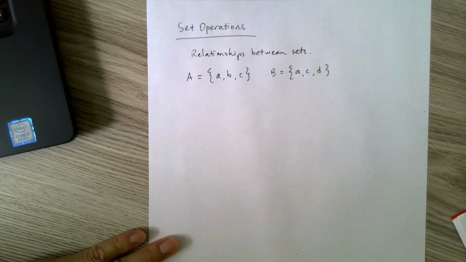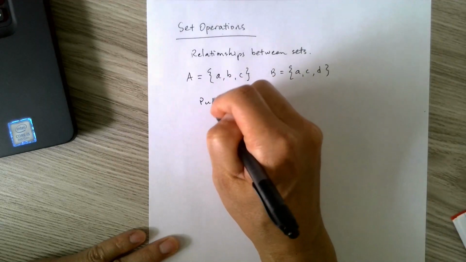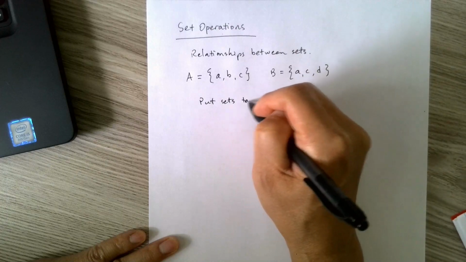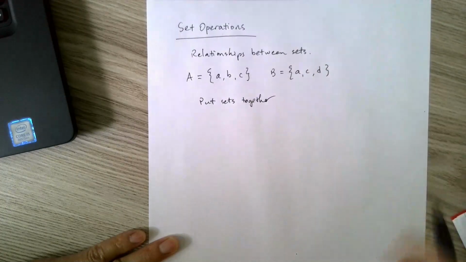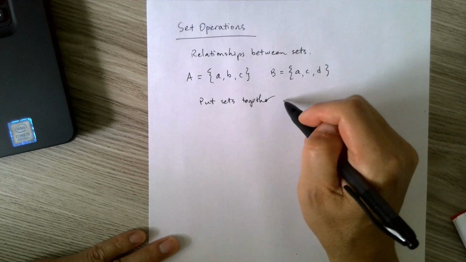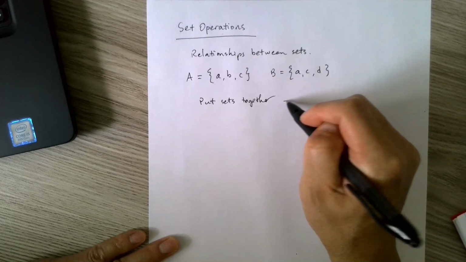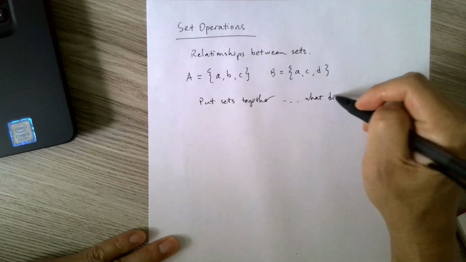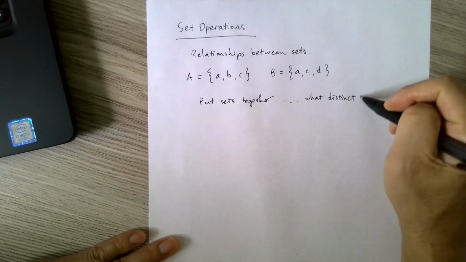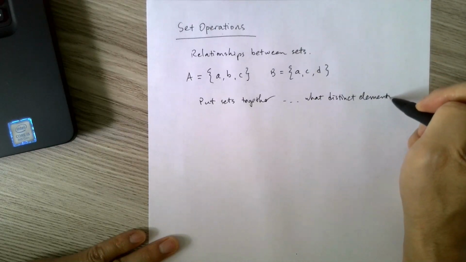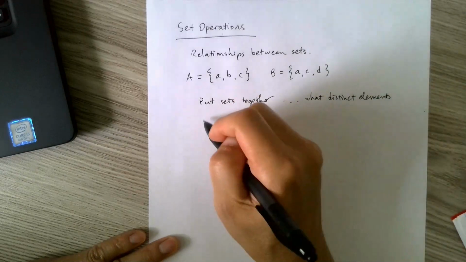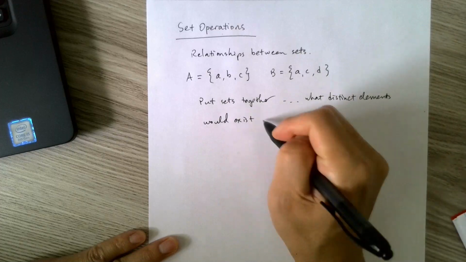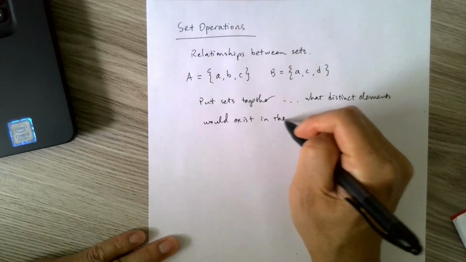If I were to put the sets together, meaning combine them, then what distinct elements would exist in the new set?